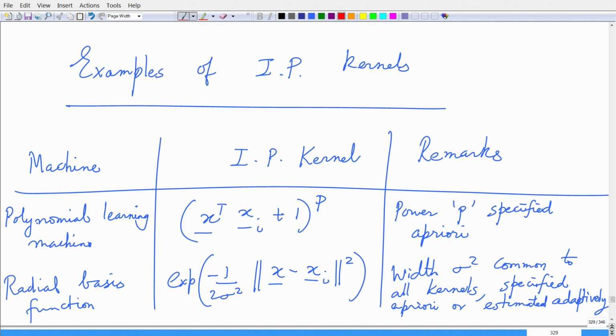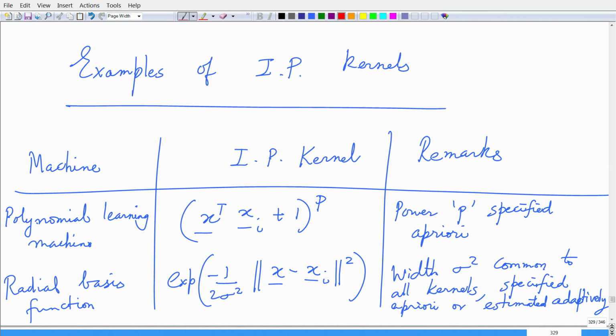One does not have to be restricted to the polynomial learning machine, one can have radial basis functions. Here we have this in the form exponential of minus 1 upon 2 sigma square times the Euclidean norm of x minus xi, squared. Here sigma square is the spread parameter.